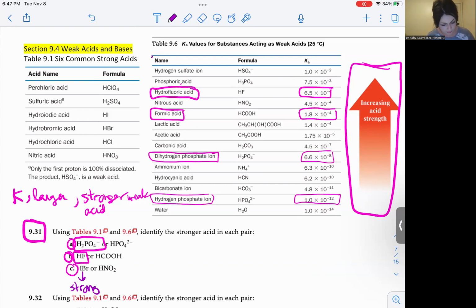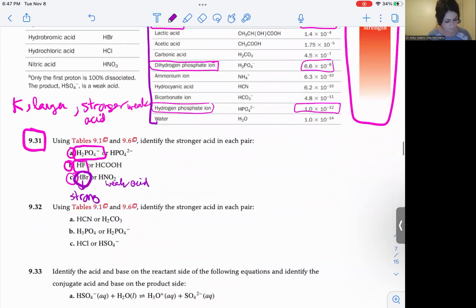And this is a list of weak acids. So do we see our other compound on the list of weak acids? We do. It's nitrous acid. So we have nitrous acid. That's going to be a weak acid. So which one is stronger? Hydrobromic acid, of course. Okay.